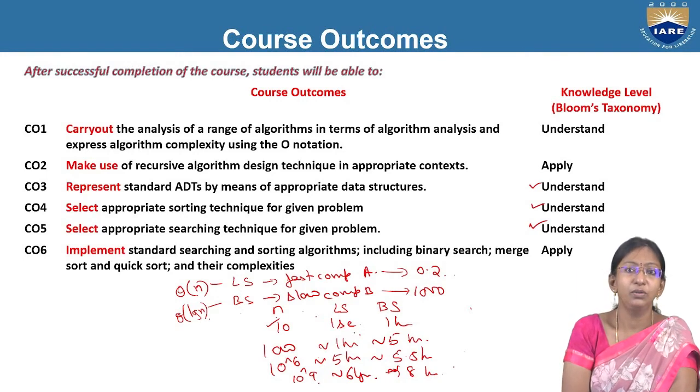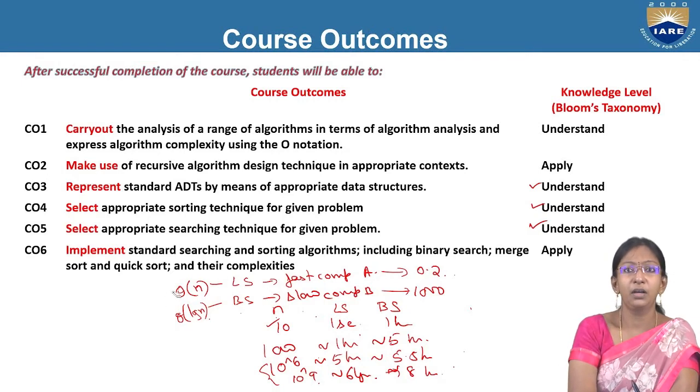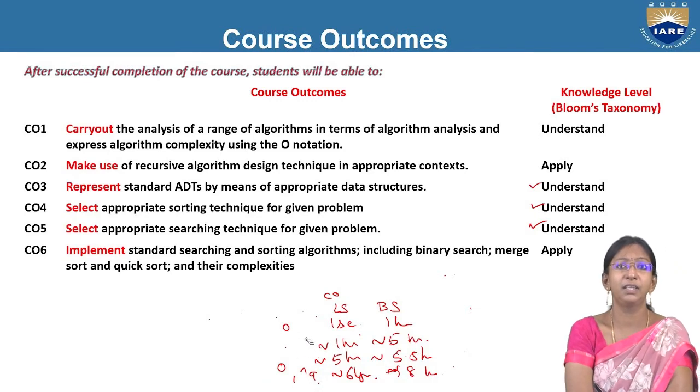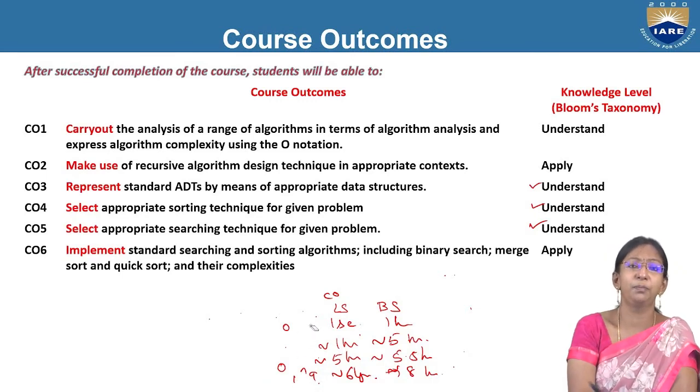But I don't think we'll ever be using 10^6 to 10^9 size of elements, right? In real time scenarios, we rarely use such huge values. So speaking on a ground level, learning about the time and space complexities of all these algorithms, which we have covered in the first point itself.